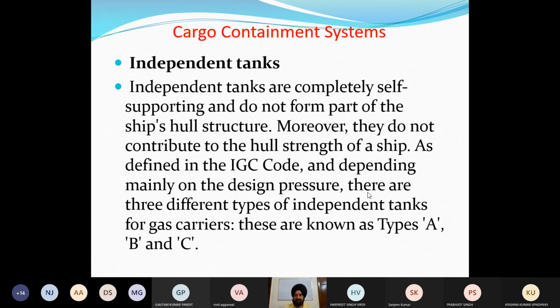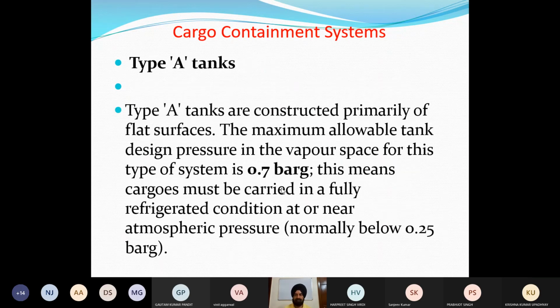Depending on their design pressure, there are 3 different types of tanks. We have seen these gas carriers: fully pressurized, semi-pressurized, fully refrigerated. Accordingly, their tanks are designed as type A, type B, type C. Type A tanks are constructed primarily of flat surfaces, with a maximum allowable tank design pressure in the vapor space of 0.7 bar, not high pressure.